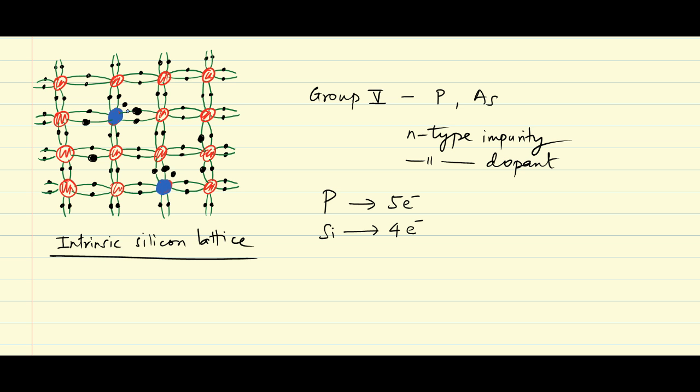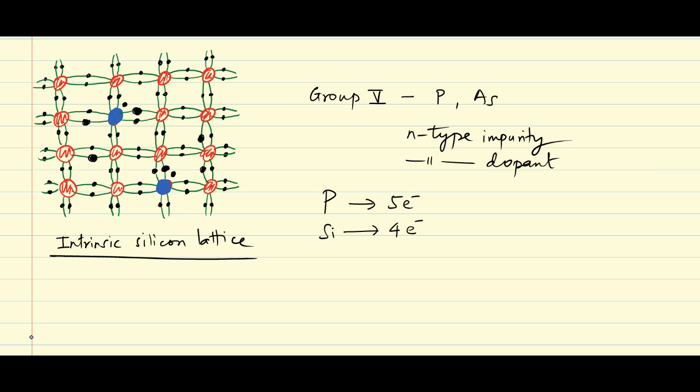One way to view this situation is that there are phosphorus atoms which are pretending to be silicon atoms, and for that reason this electron, the 5th valence electron of phosphorus, and likewise this is the 5th valence electron of the other phosphorus atom, these should not really be attached to the phosphorus atom.